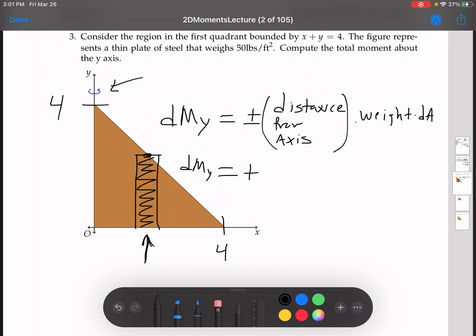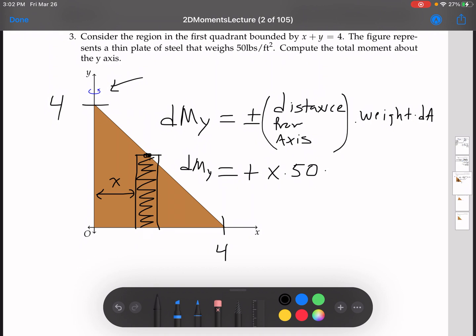So we have positive. Now we want to have distance from the axis. So our distance from the axis, this is an x value. Right, so this will be x. The weight is 50 pounds per square foot, and now dA. So now we want to get the area of this thin rectangle here.